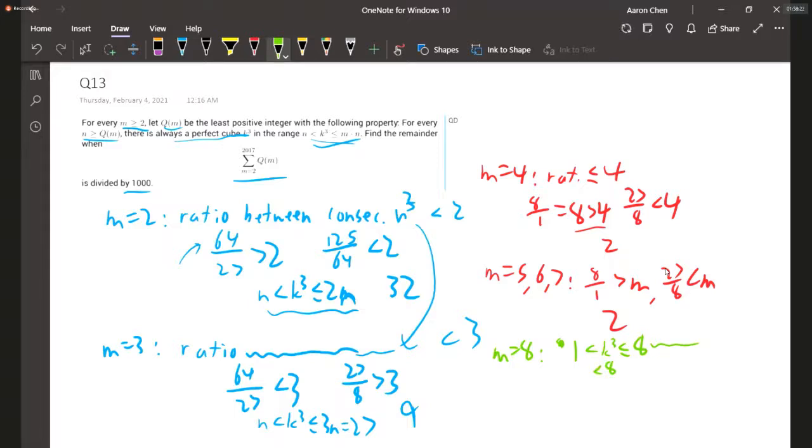And so this tells us that q of 8 is just equal to 1. And now from here, we have that m equals 9, and then q of 9 is also equal to 1. And so by this point, we can guess that for all m at least equal to 8, q of m is equal to 1. So q of m is equal to 1 for m at least 8.